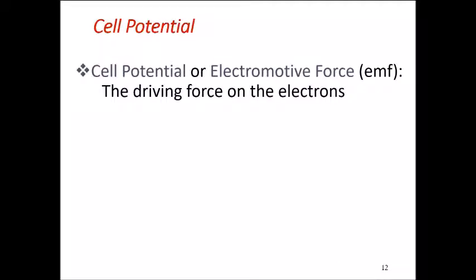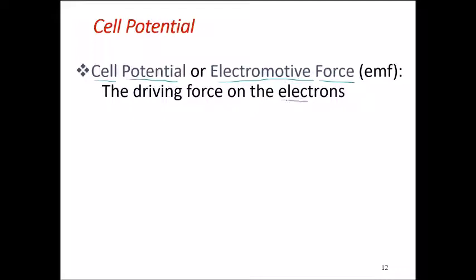So how do we know what is going to be spontaneously oxidized and what's going to be spontaneously reduced? Well, we look at something called the cell potential. The cell potential is important in that it gives us the electromotive force.